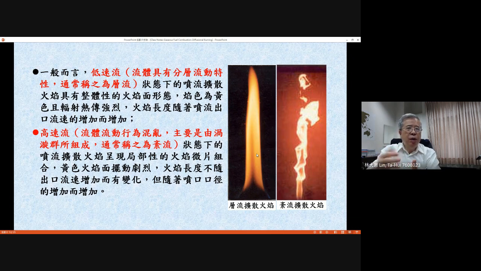But for the high-speed flow, the flow has a certain amount of eddies, including small ones and big ones. Those kinds of eddy interactions will strongly influence your flame surface. Then the flame will experience very strong fluctuations. And in our previous observation, you found the flame length does not change too much when you increase the injection velocity of your flow.